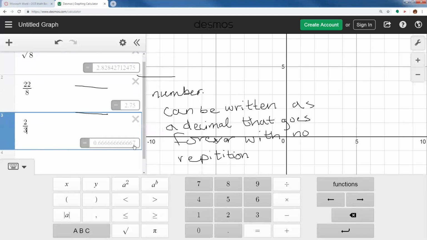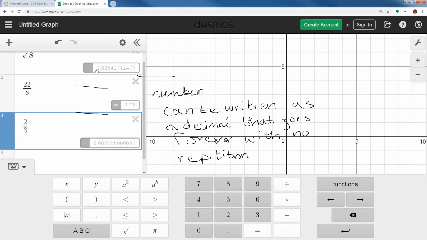It looks like this 7 changes that pattern, but that's just because they rounded. The decimal has no more room to show more numbers, so since the 6 would round the number next to it up to a 7, it just rounded. If most of it's repeating, then really this is 0.6666666 forever. It just can't write that out.